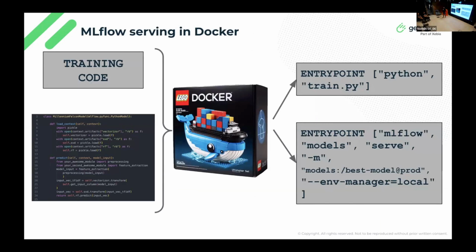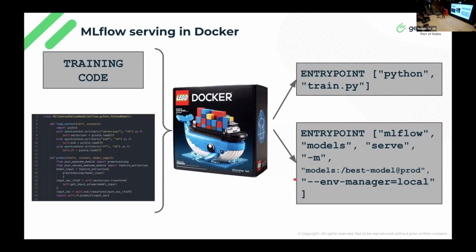And by putting this additional class from MLflow alongside your Docker container, you will basically get serving for free with MLflow, because during training, you will set the entry point for your Docker container to be train.py or whatever. And during serving, you will actually switch the entry point to the model serve.